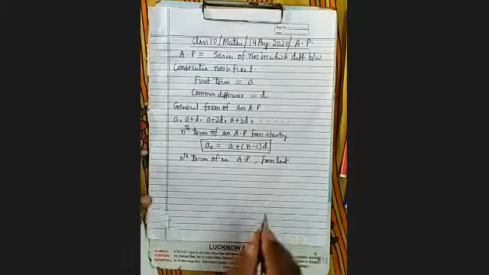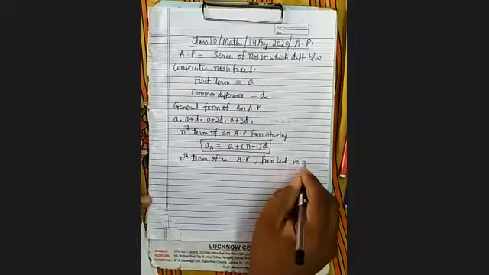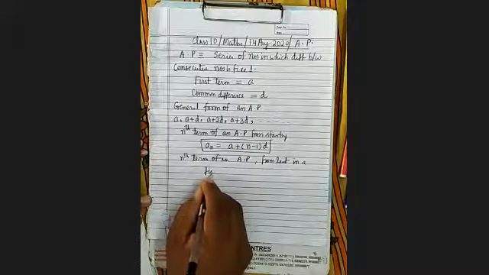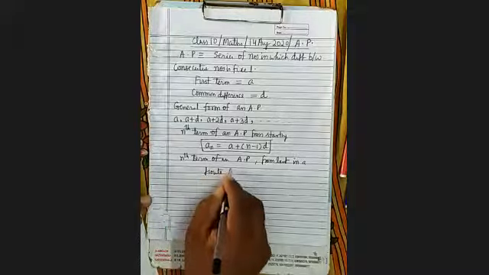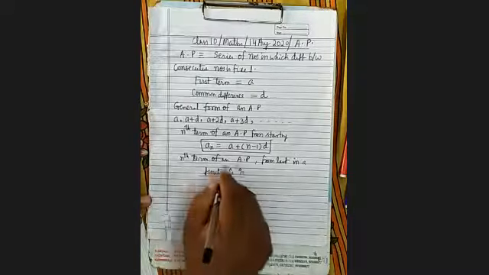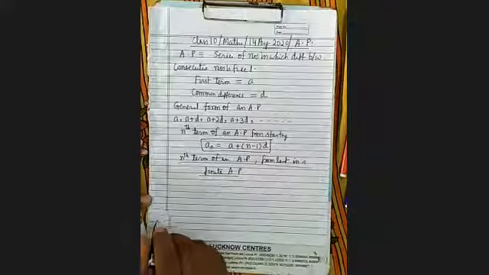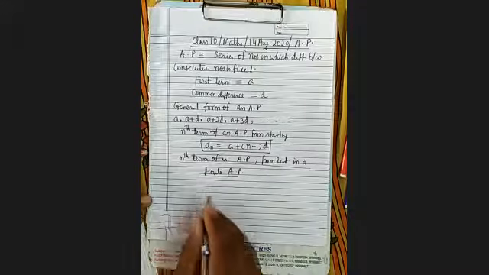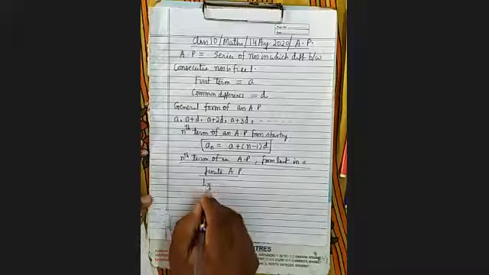It's clear. In a finite AP. Finite AP means which is having a countable number of terms. So this we denote by ln.